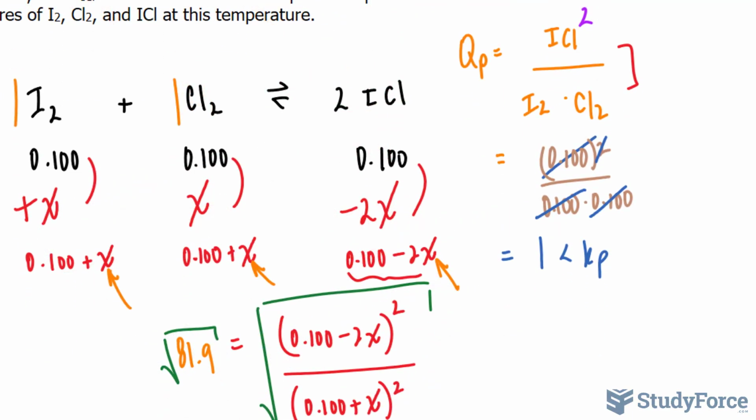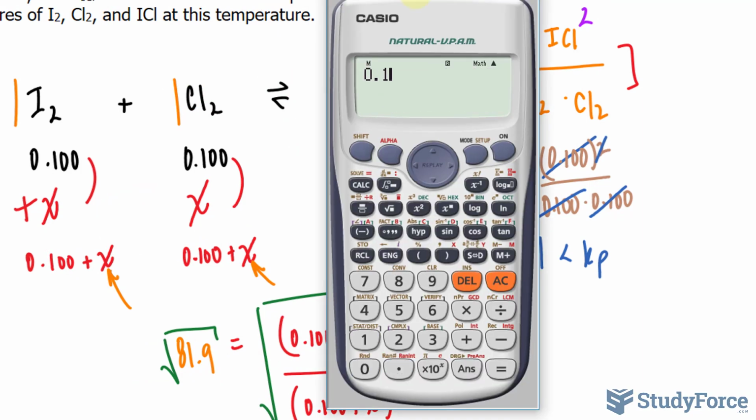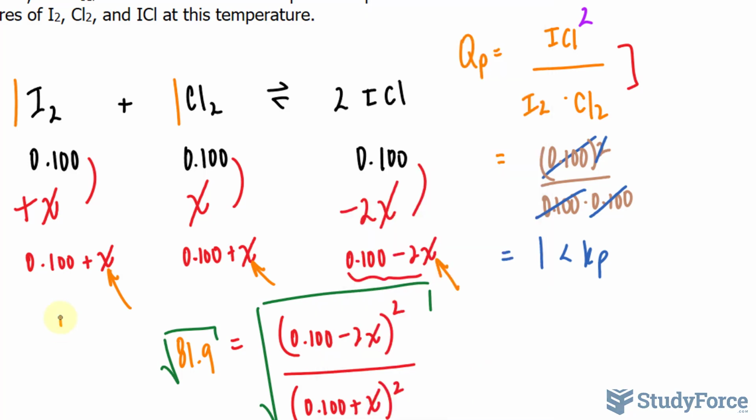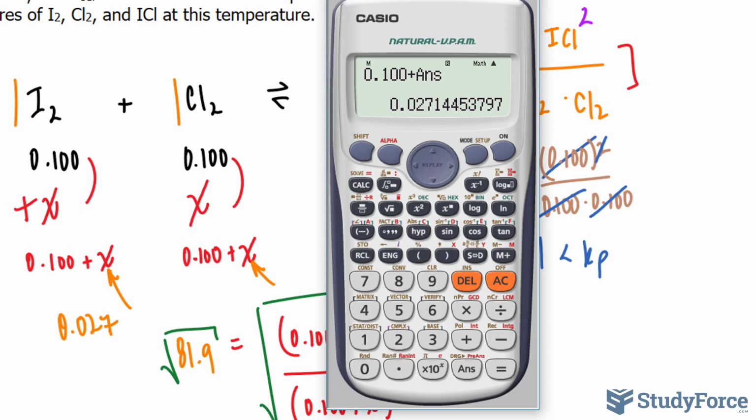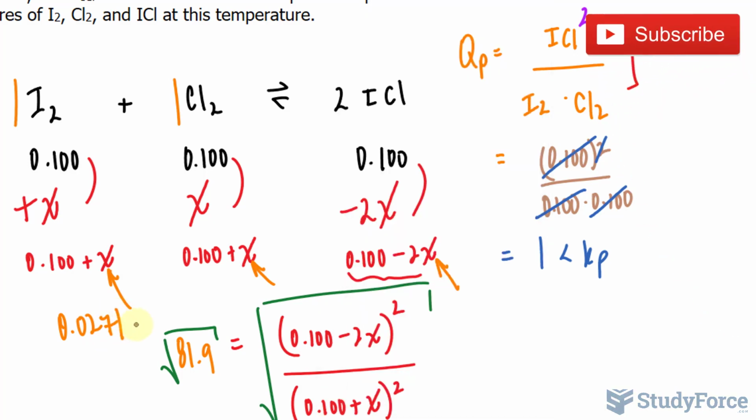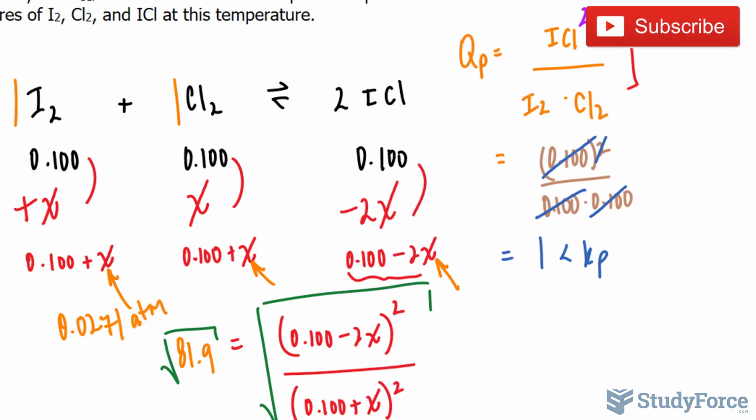And we don't have to redo all of the calculations for that negative version. So I'm going to take 0.100 and add it to the number that I found, and it turns out to be positive. In fact, I'm going to write that number down right now, 0.027, and one more significant figure. That's the atmosphere at equilibrium. And it's going to be the same thing for this because they're both the same.